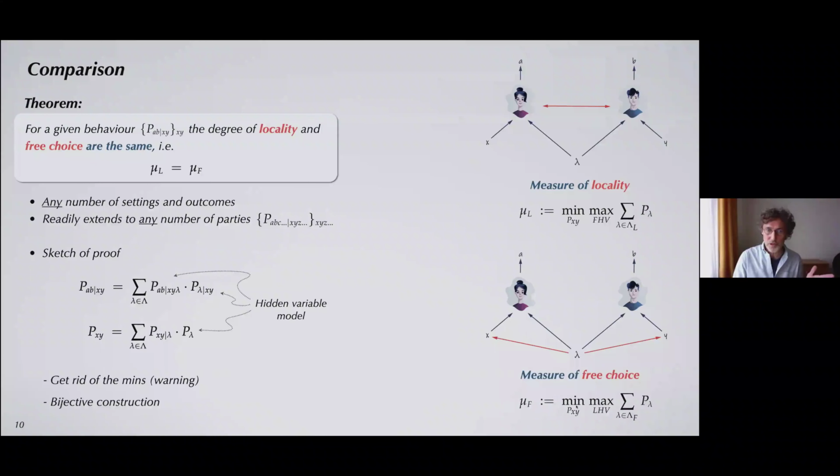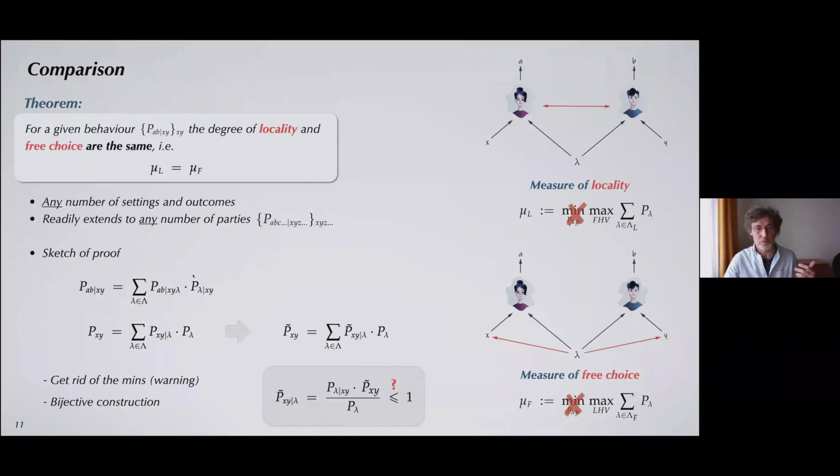So what would we do? The easiest way would be, okay, let's retain those two so that we have proper modeling of this part, and replace this quantity with something else, which will give me another distribution of settings. In this way, I will get rid of this minimum here. It might do, but it has to be consistent. This quantity here has to be consistent with those choices here, and they have to obey this equation, which is the usual Bayes rule.